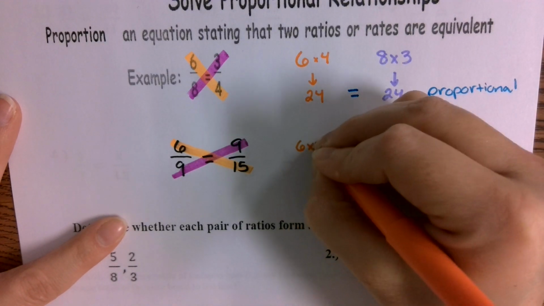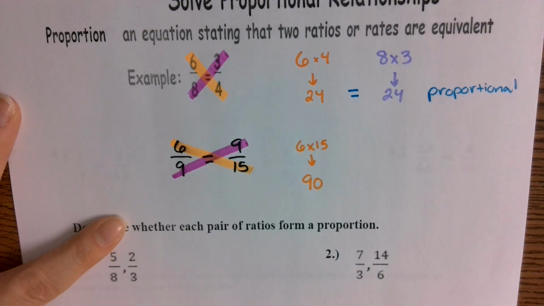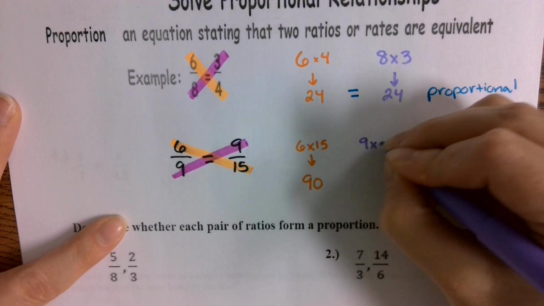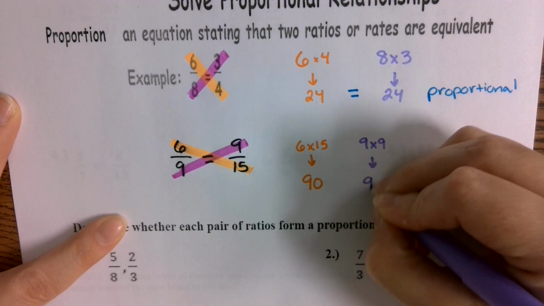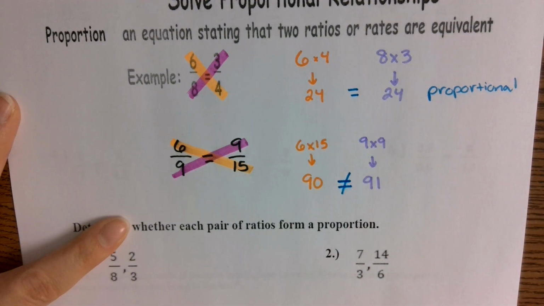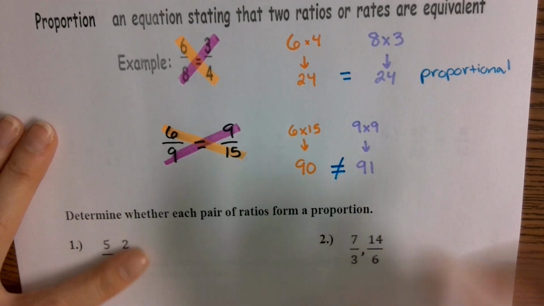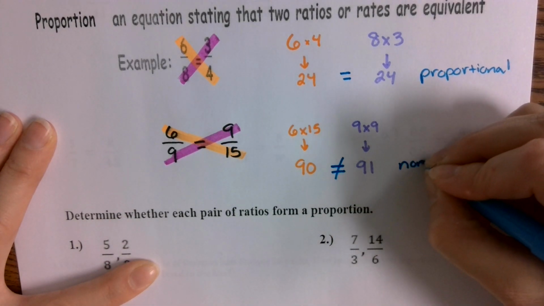If I do 6 times 15, I get 90. But if I do 9 times 9, I get 81. Those are not equal to each other. So notice I put an equal sign with a slash through it. That means it's not equal. That makes it non-proportional.